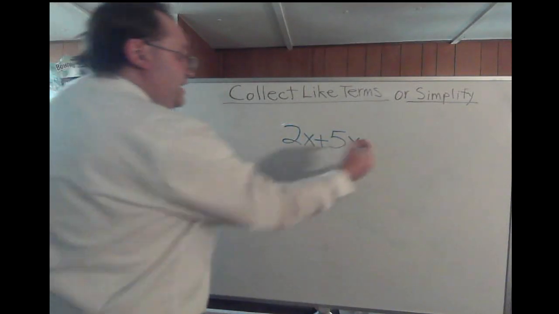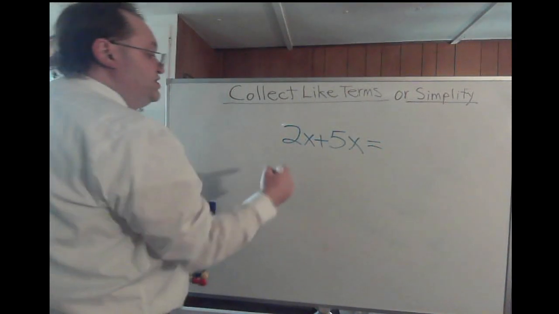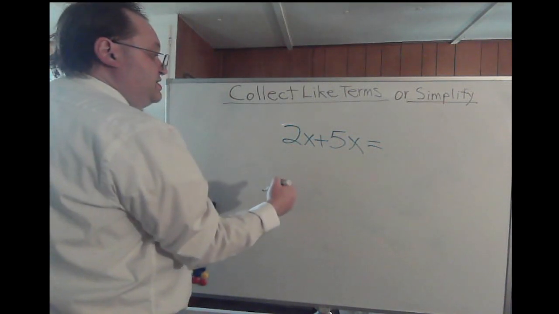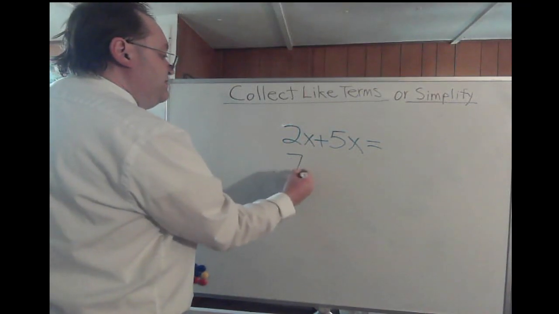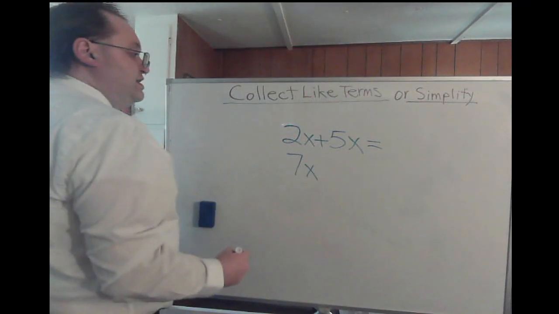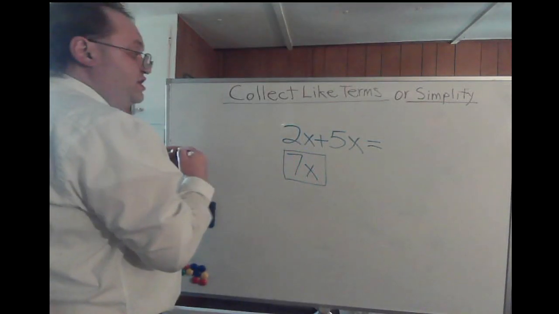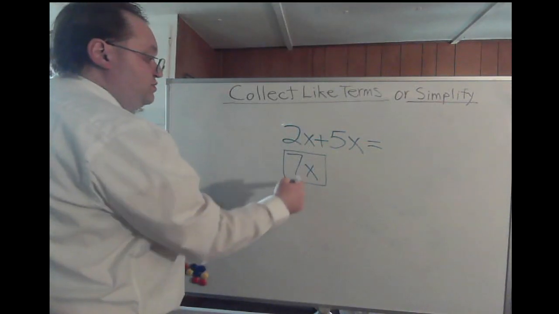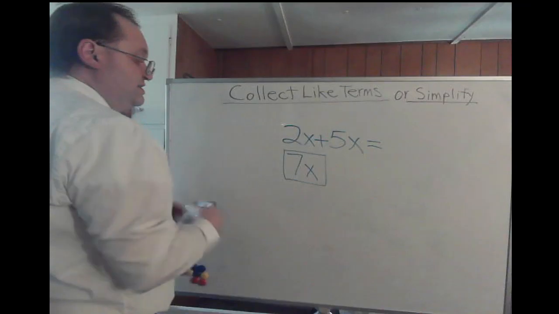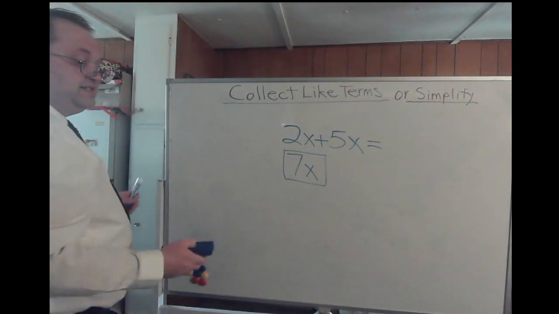So how do you do that? 2x plus 5x, you just simply add the coefficients. So 2 plus 5 is 7, then you have x. To simplify this, you add the coefficients of the x terms, which would be 7x. 2x plus 5x is 7x.